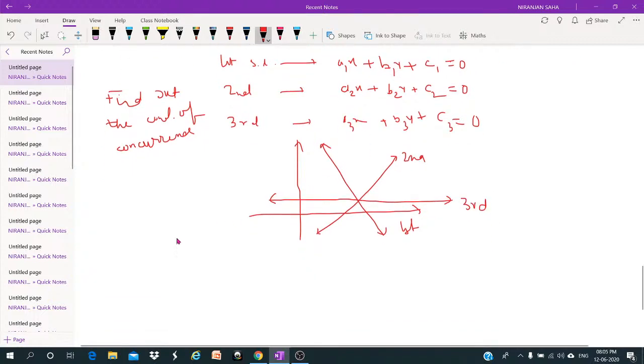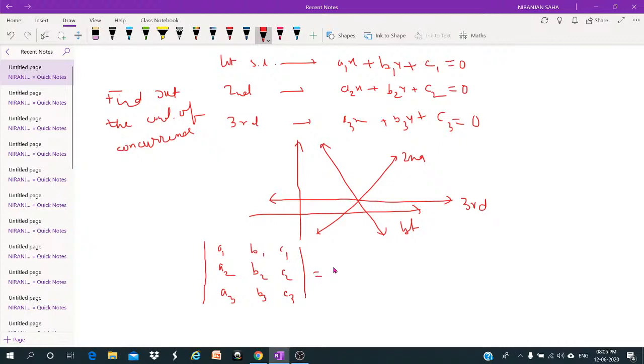So the condition is that the determinant of the coefficients of these three straight lines, a1, b1, c1, a2, b2, c2, a3, b3, c3, must be equal to 0.